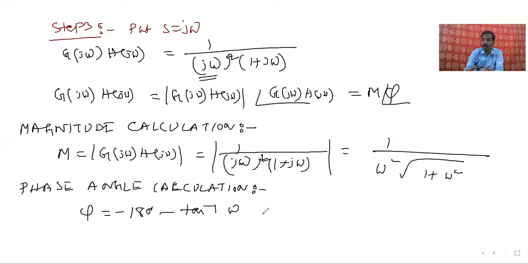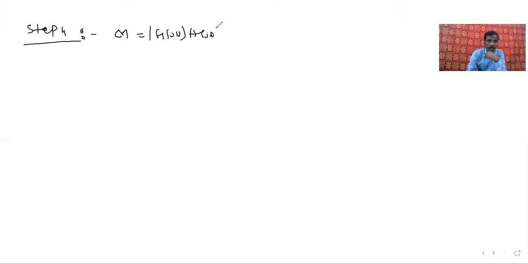Then calculate omega, M, phi, that means frequency, magnitude, and phase angle. So what is the step? Step equals 4. First magnitude equals, what is the formula?